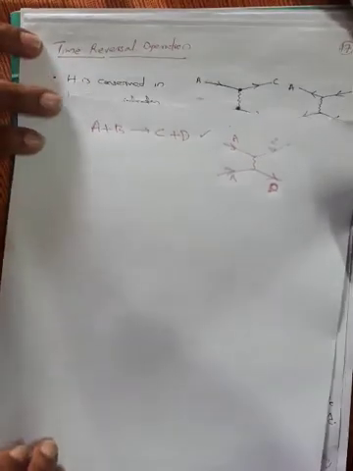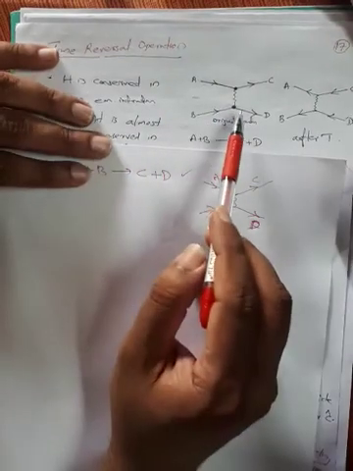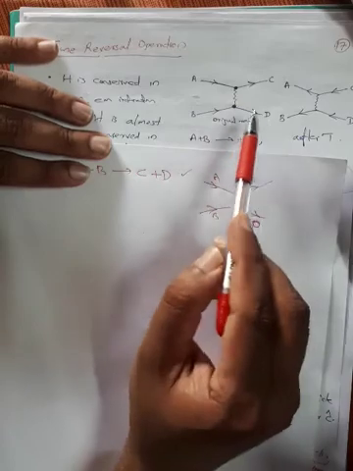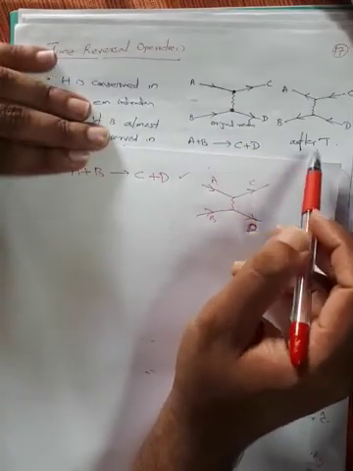Here, for the time reversal operation, this is our original interaction, that is A interacting with B, and you are getting C and D. Now after that you apply the time reversal operation.